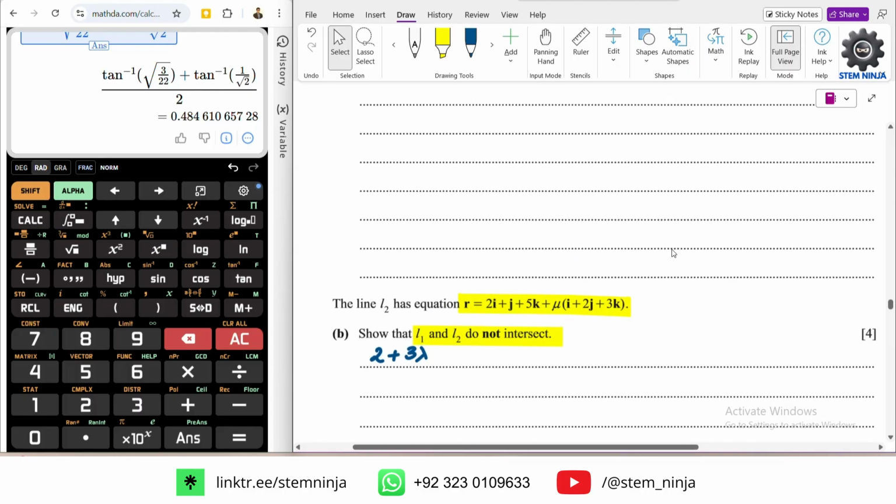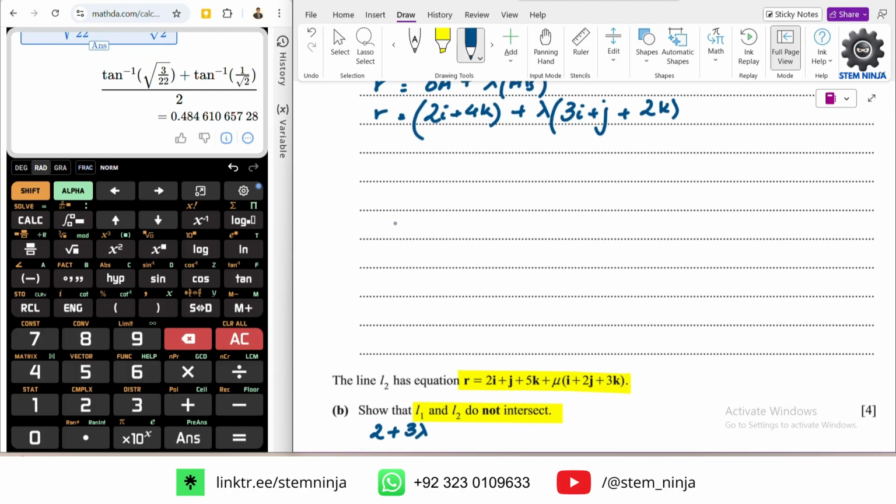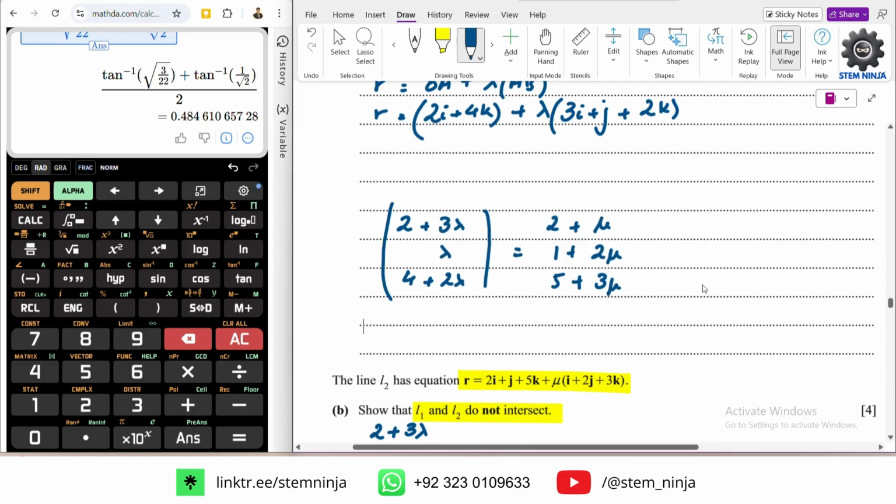So basically what we're trying to do over here is in the parametric form, this is 2 plus 3 lambda, lambda j, or just simply lambda, and this is 4 plus 2 lambda, right? And this is equal to 2 plus mu i, then 1 plus 2 mu, and 5 plus 3 mu. Right, so basically the parametric form.